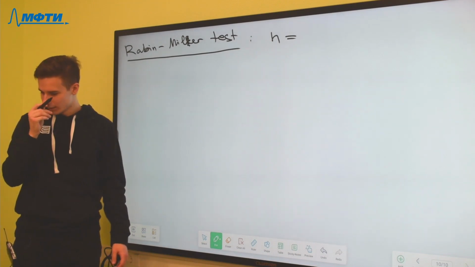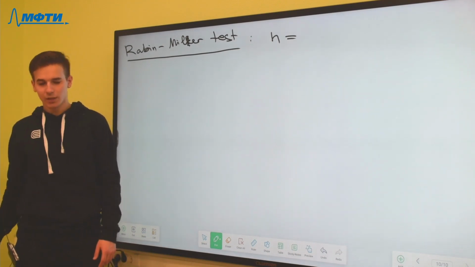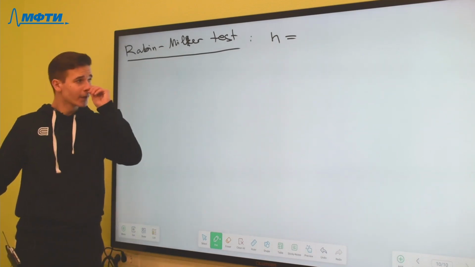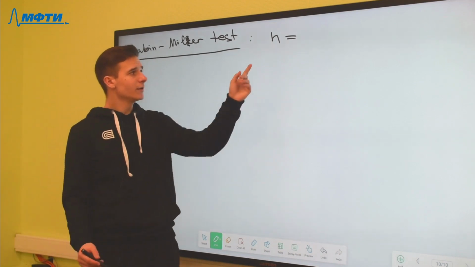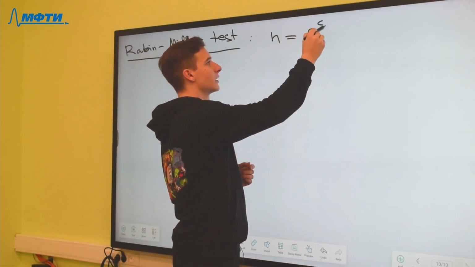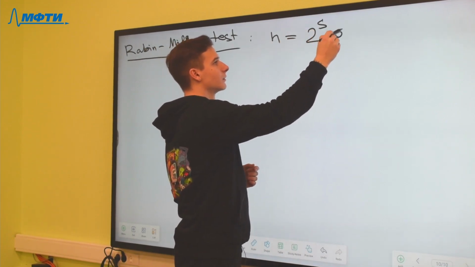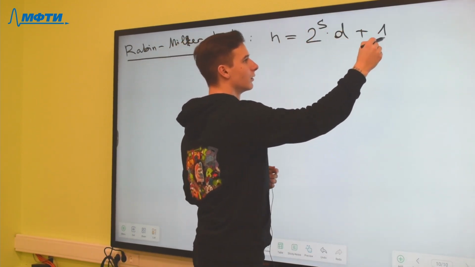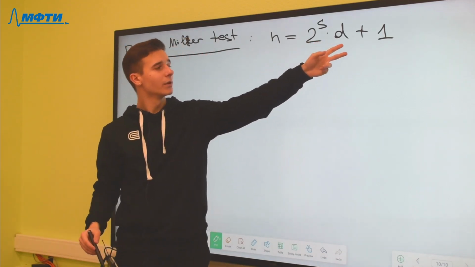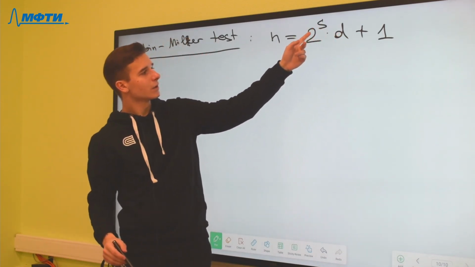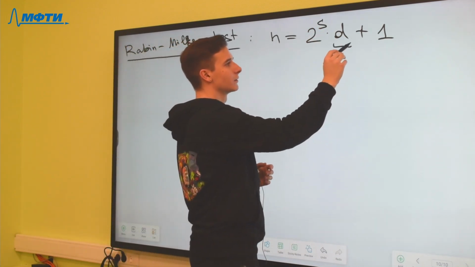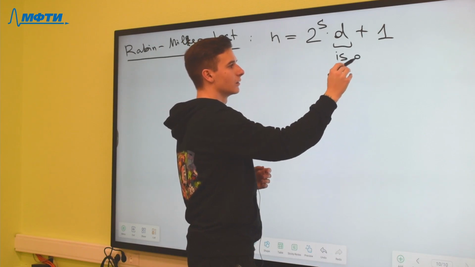So if it is an odd number, we can say that n is equal to 1 plus 2 to the power s multiplied by d, where d is odd.